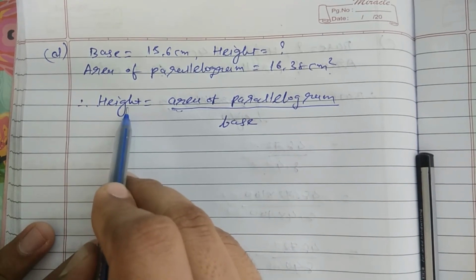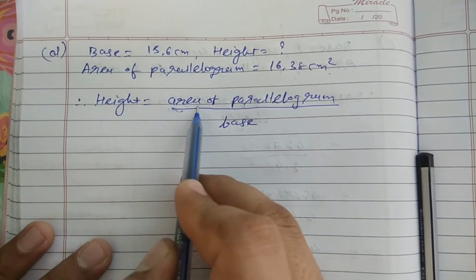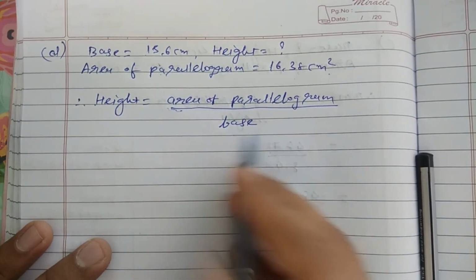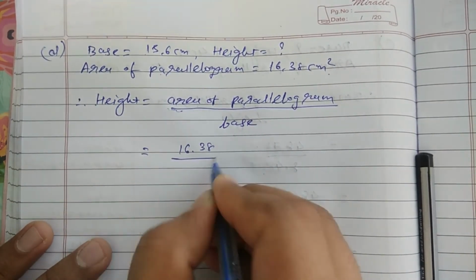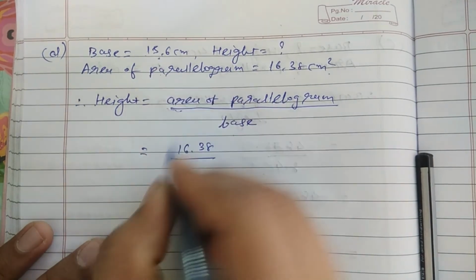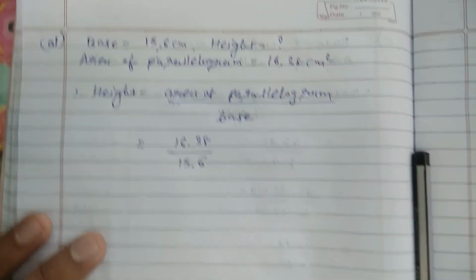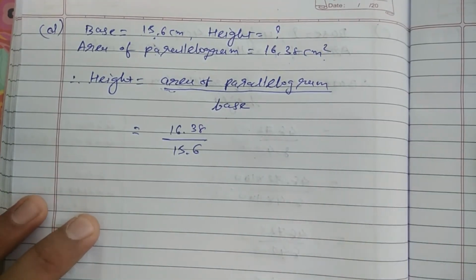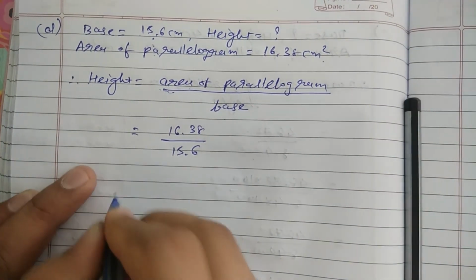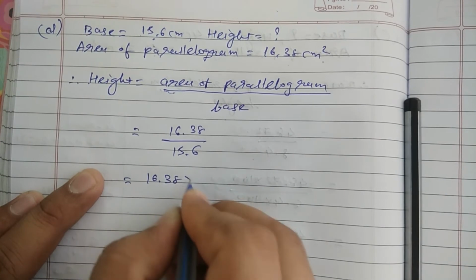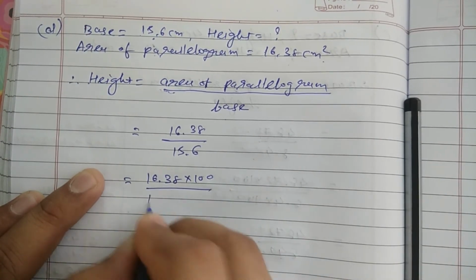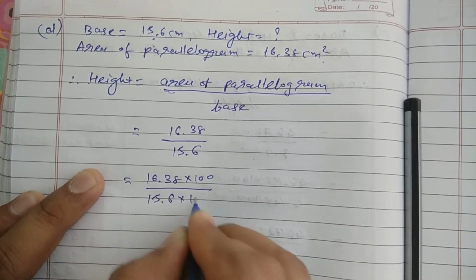So here we will use the formula for height, that is equal to area of parallelogram divided by base, that is equal to area of parallelogram 16.38 divided by base, that is 15.6. Same way here we will multiply by 100 in numerator and denominator. 16.38 multiplied by 100 divided by 15.6 multiplied by 100.